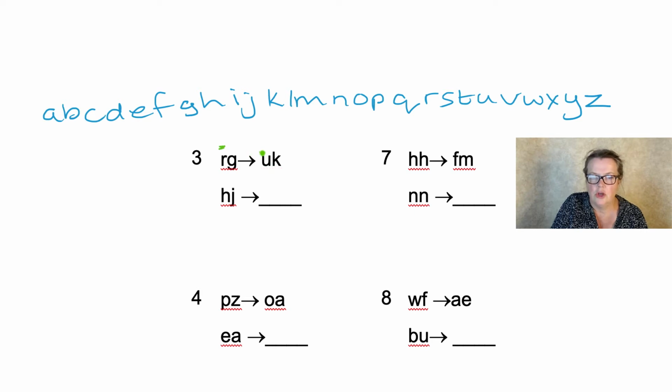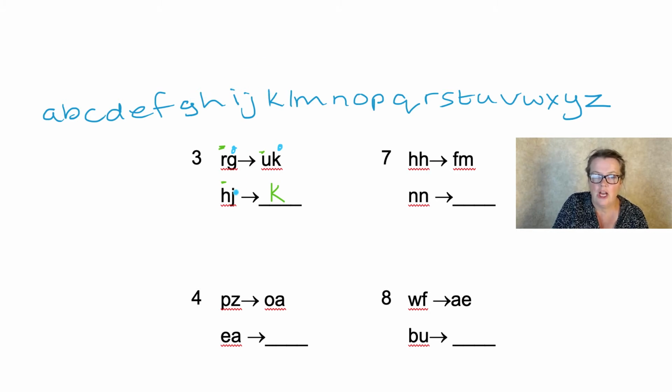Now we go down to question number 3. R to U is forwards 1, 2, 3. So we go H plus 3. Where are we? H, 1, 2, 3 is K. Now we do the G to K is forwards 1, 2, 3, 4.